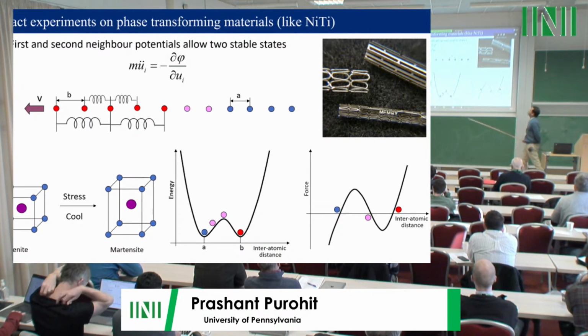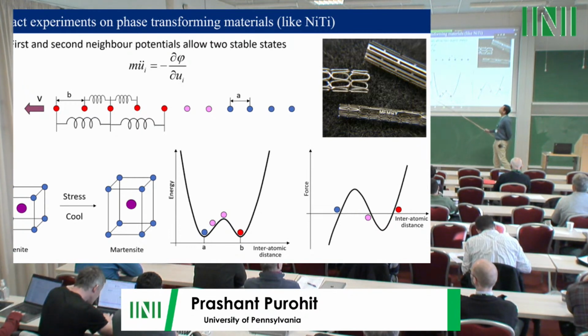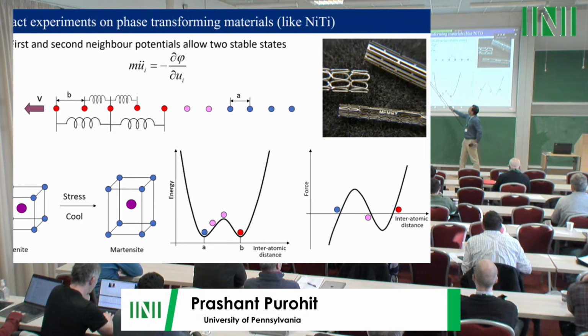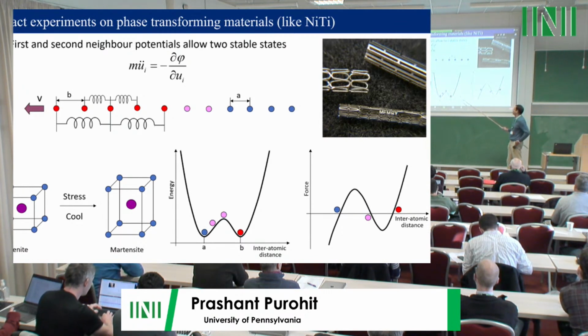At the time, what we were thinking about was simple one-dimensional problems, and the one-dimensional problems were discretized, just like the one that I showed you in the previous slide, as a bunch of masses and springs like that. The energy landscape of these springs had a double well, so it is a nonlinear energy landscape. It's not a quadratic, okay, like it would be for a material that is a linearly elastic material.